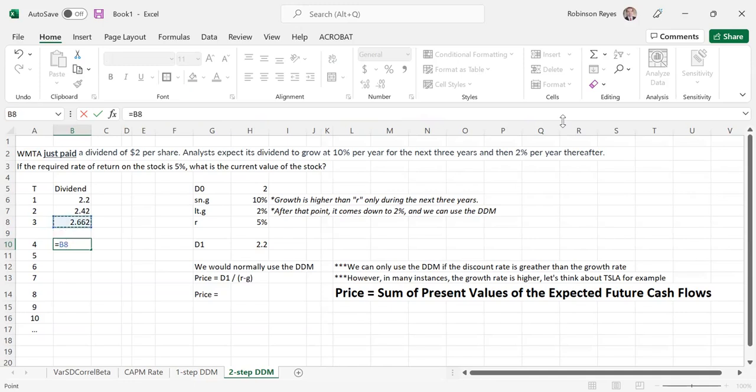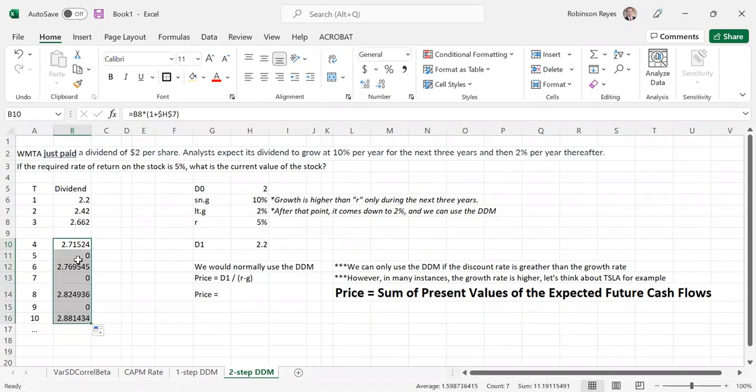So we take this previous dividend in year 3 and then we multiply by 1 plus the 2% rate. Let's lock this, and then the dividends are going to grow at that 2%.